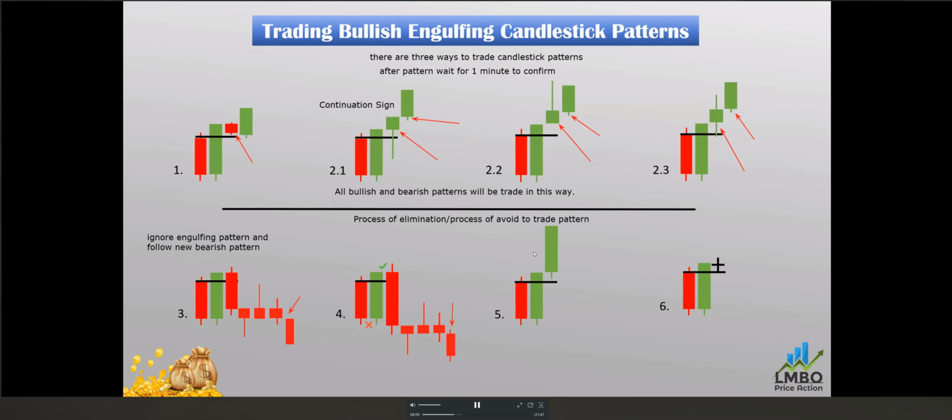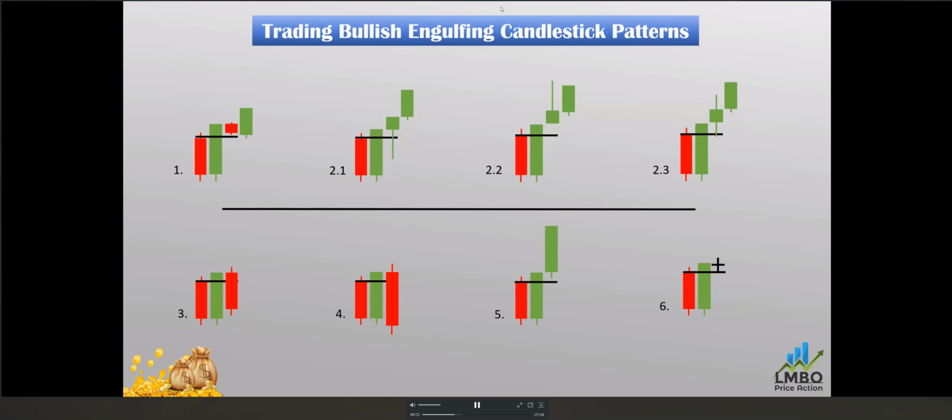Now I'm going to show you all the patterns where we will trade. That sheet I will share with you people. You just read that sheet, okay? Look, I'm going to show that one.